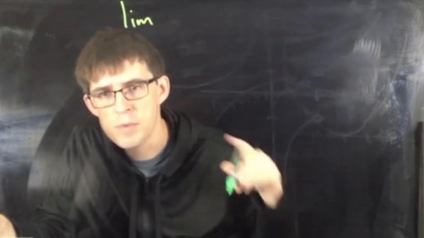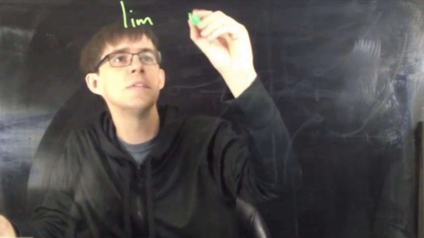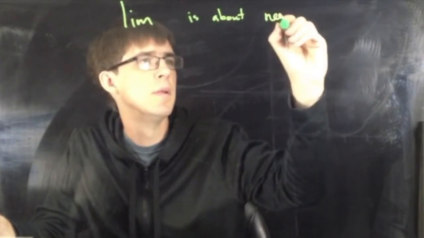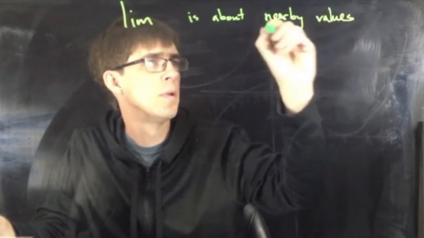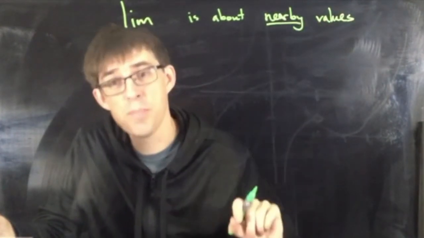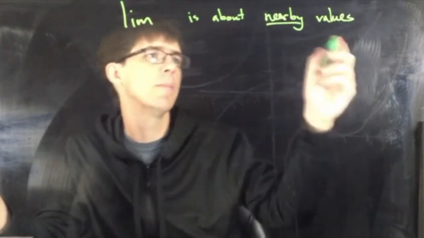When we talk about limits, we write them down using lim. Limit is about nearby values. Not about what is the y value right at this point, but what are the y values close to that point, all right?